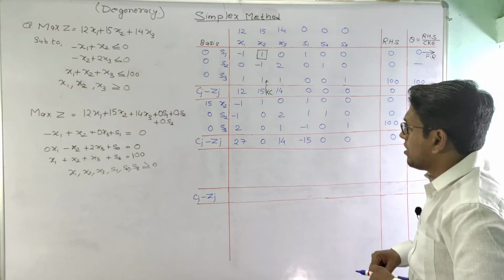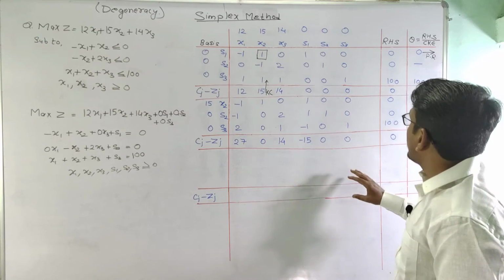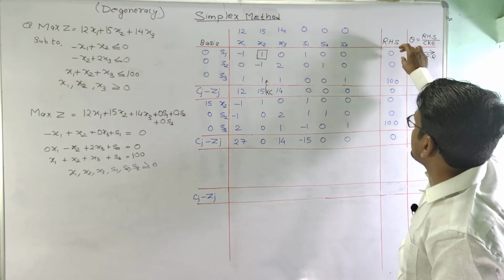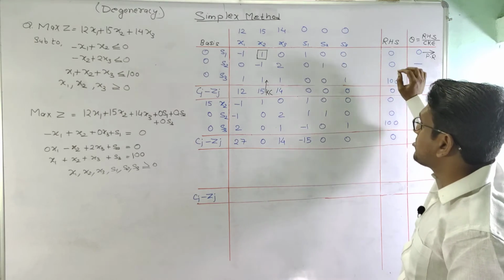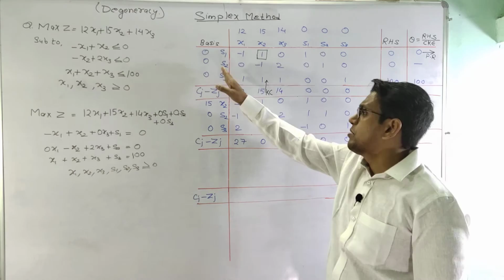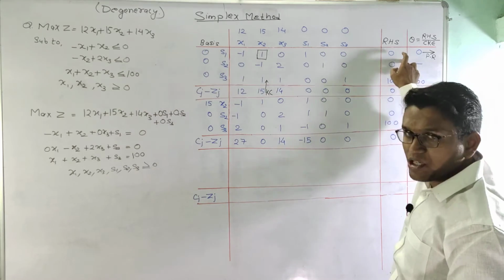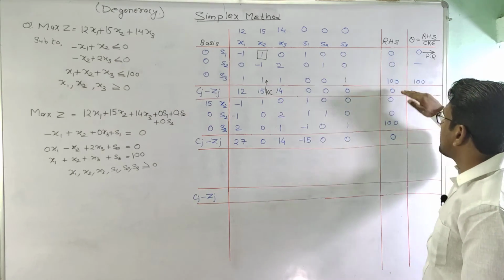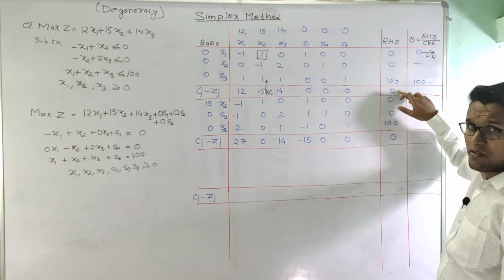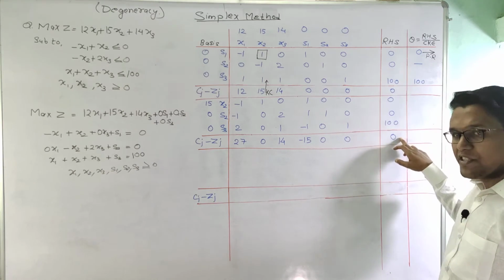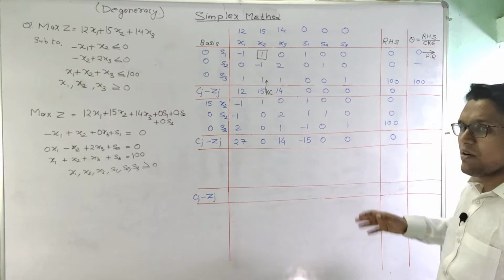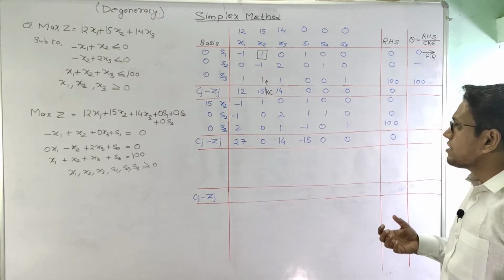Now we can see that initially we have at least one 0 as the right hand side value. That means the value of a basic variable is 0 in the initial matrix, and as a result the value of z, that is the value of the objective function, does not improve in the subsequent iterations, and this shows that the problem is degenerate.